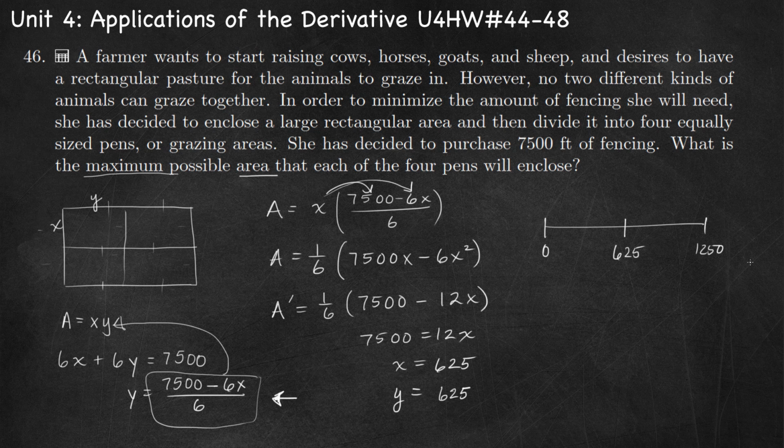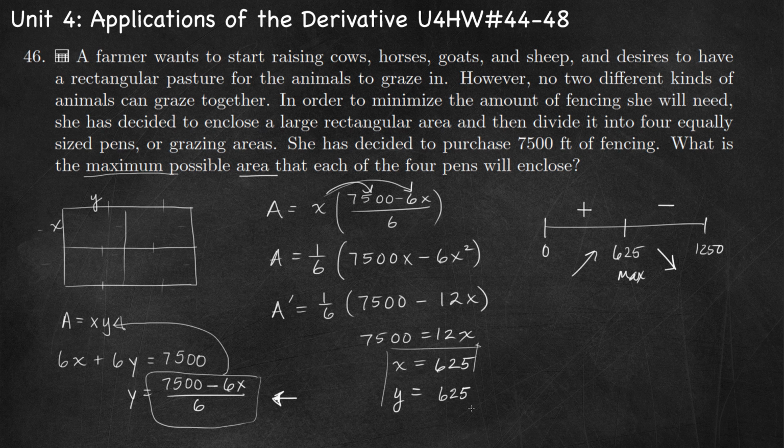And then test points for our derivative equation. If we let x equal 1, 7,500 minus 12 is positive, times 1/6 is positive. If I let x equal 1,000, 7,500 minus 12,000 is going to be negative. So we do have a maximum here, and it's not only a relative max but also an absolute max.